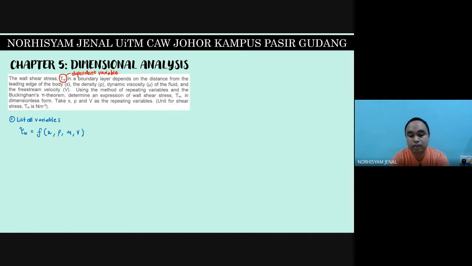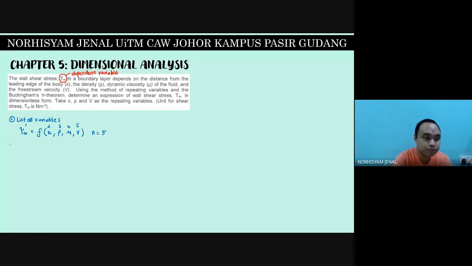All right. So here you will get n, which is the number of parameters, equal to 1, 2, 3, 4, 5. So we have n equals 5. Right. So check over here, 1, 2, 3, 4, 5. So 5 of them.